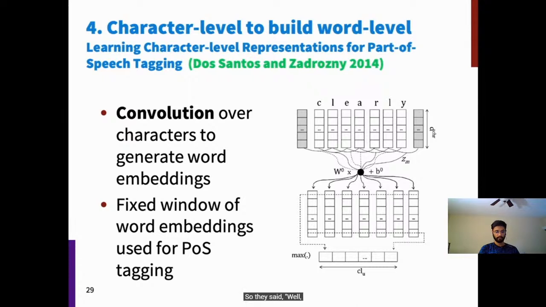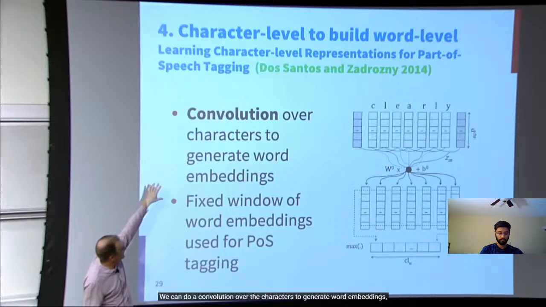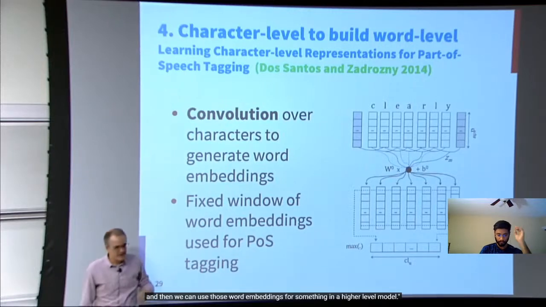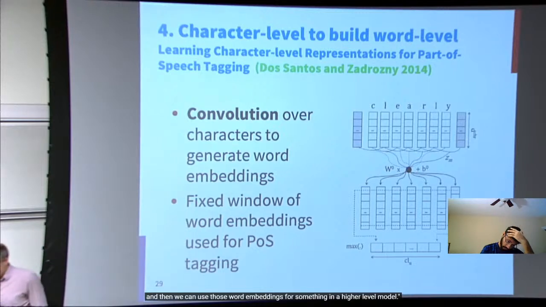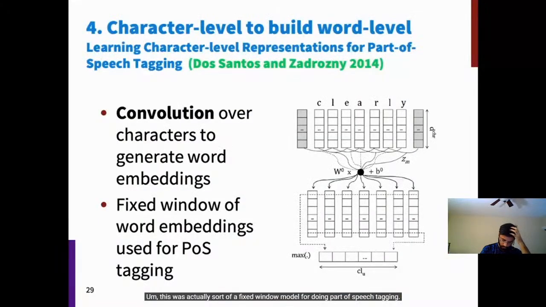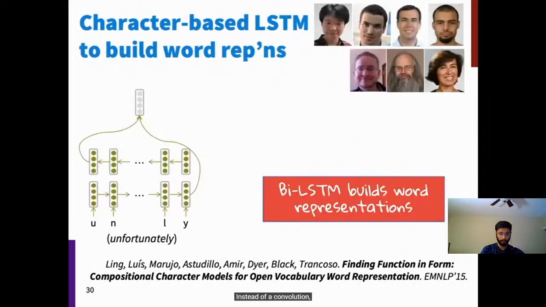So they said, well, we could start with characters. We can do a convolution over the characters to generate word embeddings, and then we can use those word embeddings for something in a higher level model. This was actually a fixed window model for doing part of speech tagging. That makes sense. Instead of a convolution, you could use an LSTM.